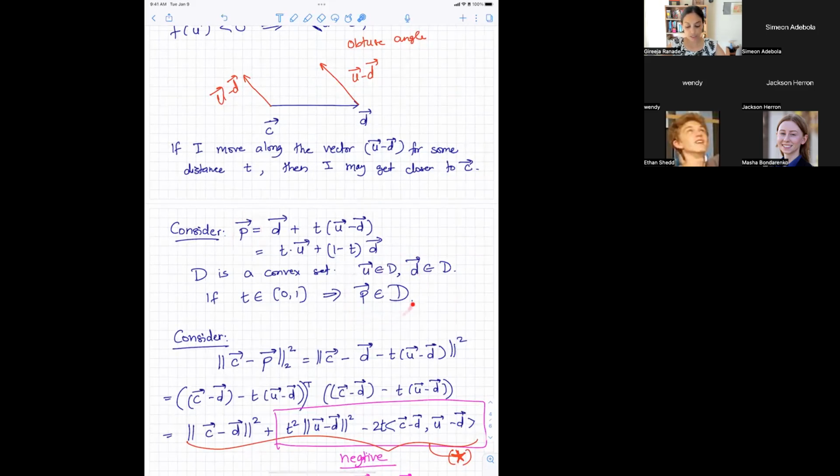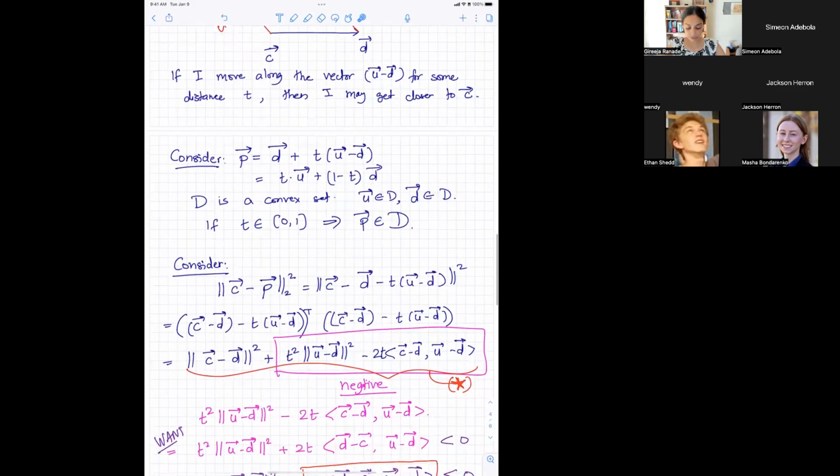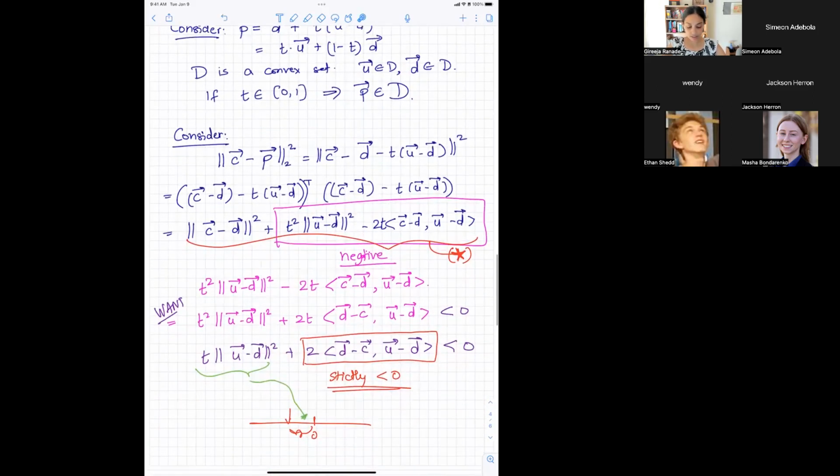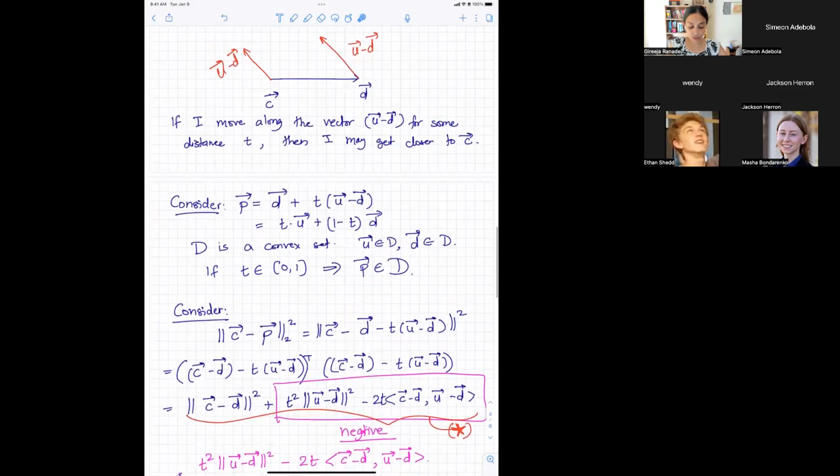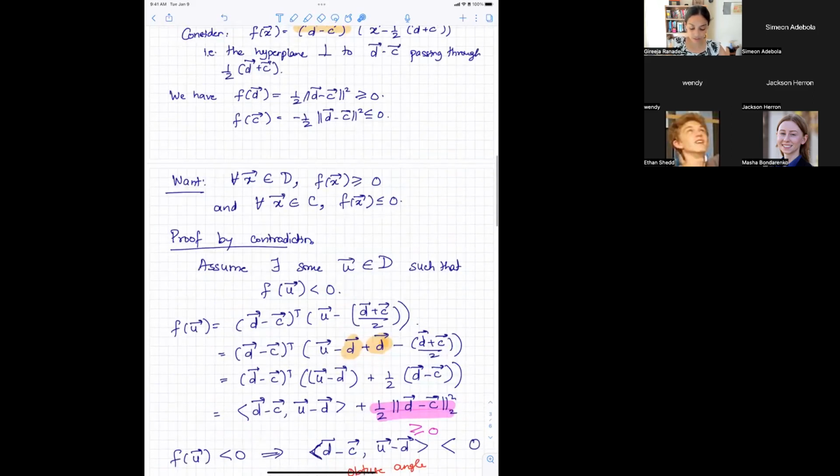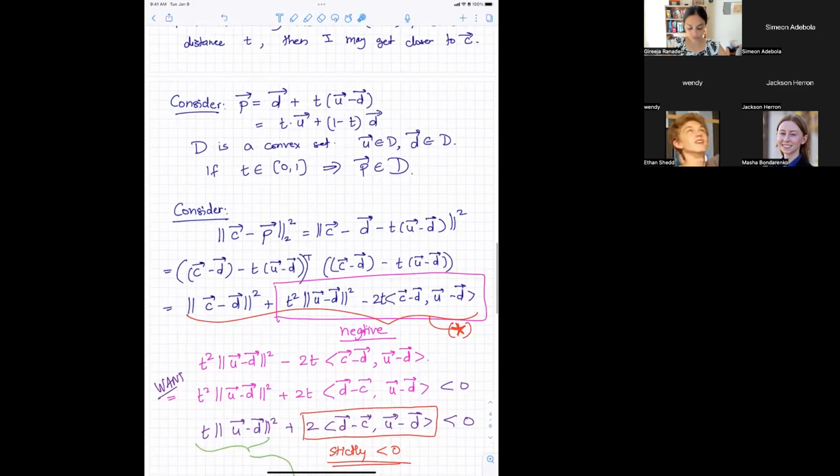We proved that this P must belong to D by the convexity of D. And then we proved that actually the norm squared of C minus P is less than the norm squared of C minus D. And this is under the assumption that this f of u is less than 0.